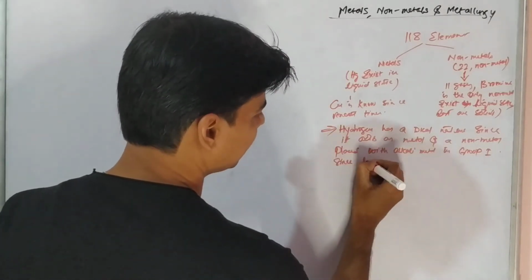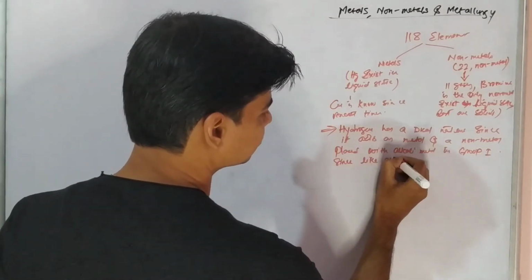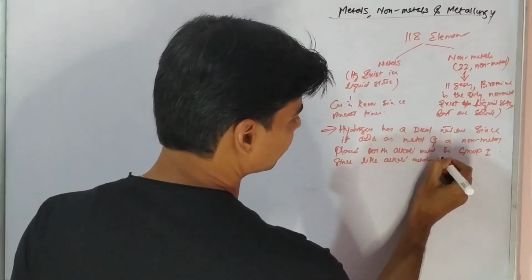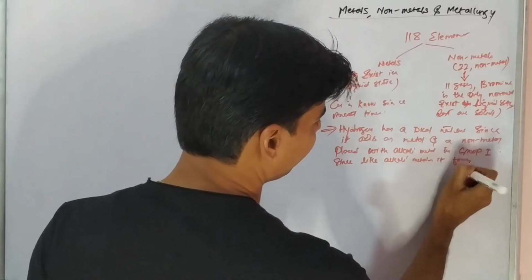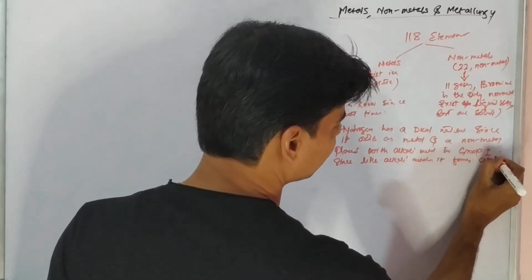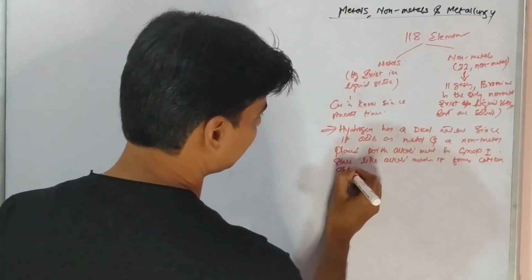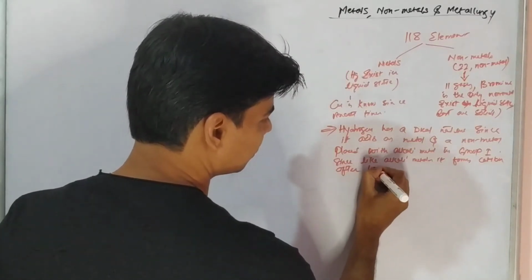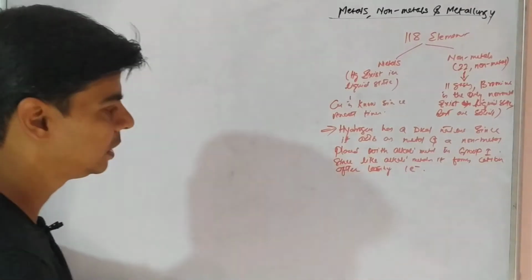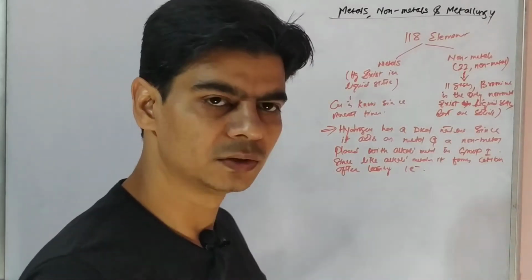Since like alkali metals, it forms a cation after losing one electron, right? And similarly, it can also behave like non-metals, right?